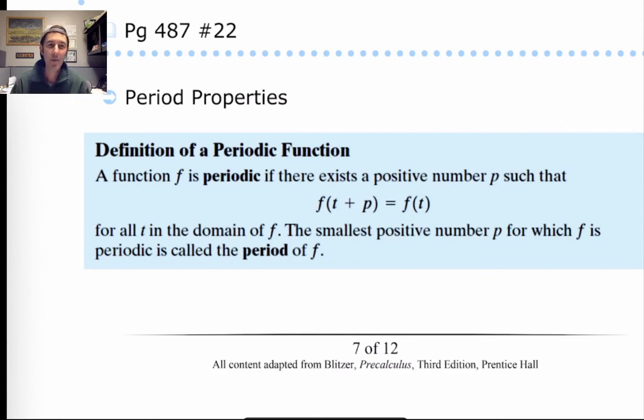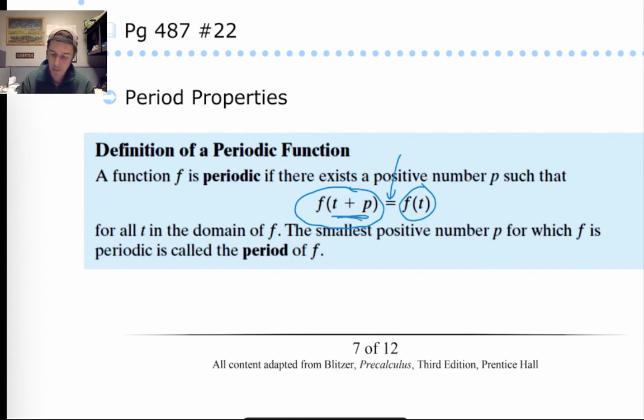A function f is periodic if there exists a positive number p such that, right, so what's happening is we're adding something to the input into our function, and we're getting out a y value that we've seen before. This is a y value, and this is a y value, and we're being told that those two y values are equal to each other.